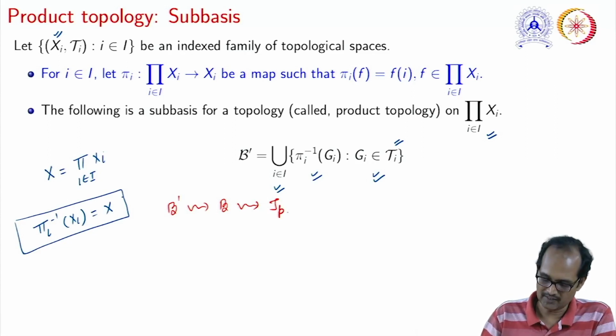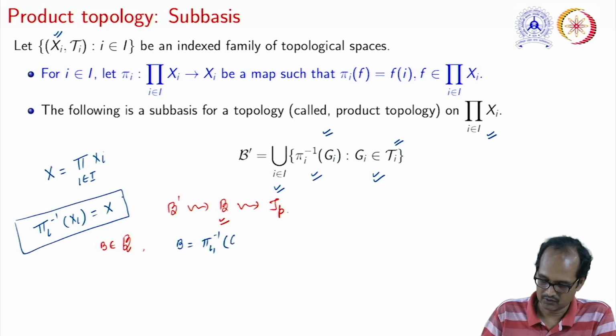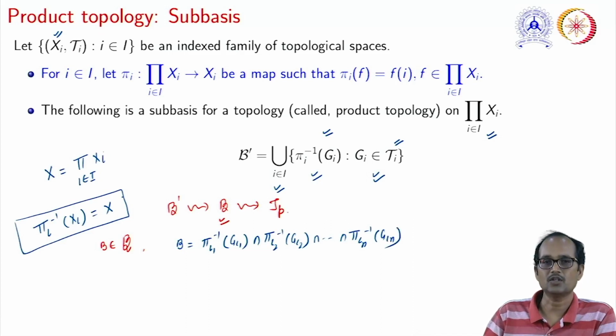If we want to visualize how an element of B can look, then if we take any B belonging to this B, this B can be written as pi_i1 inverse of G_i1 intersection pi_i2 inverse of G_i2 intersection up to pi_in inverse of G_in, that is, a finite intersection of members of B'.